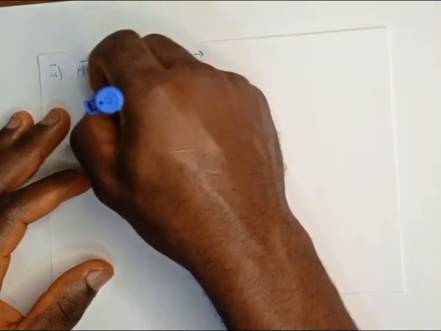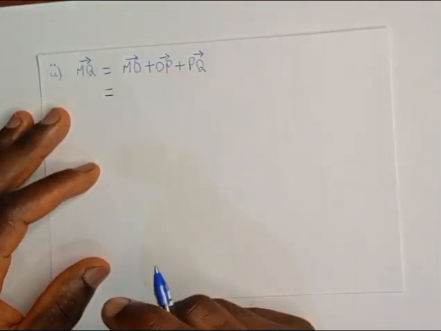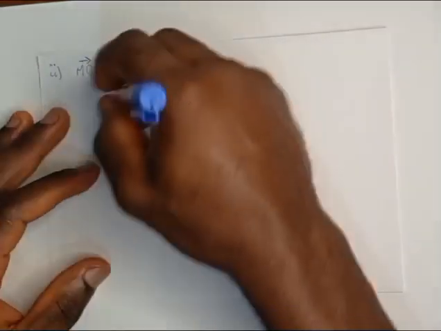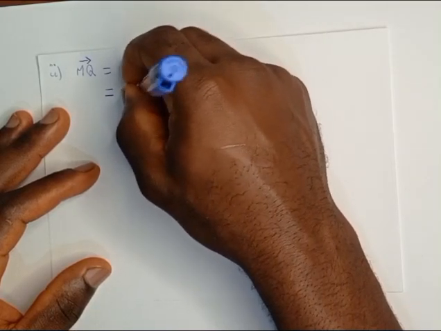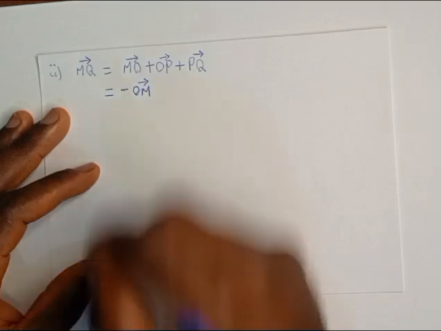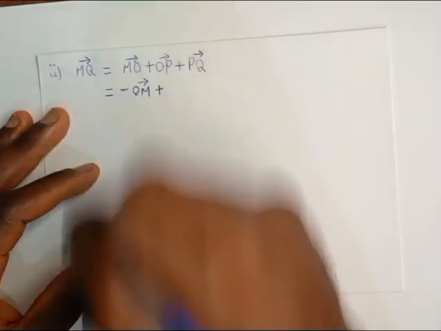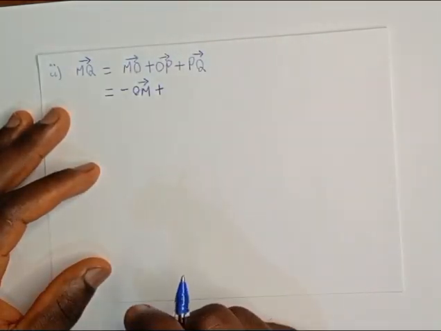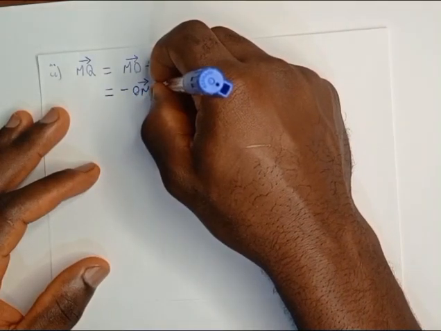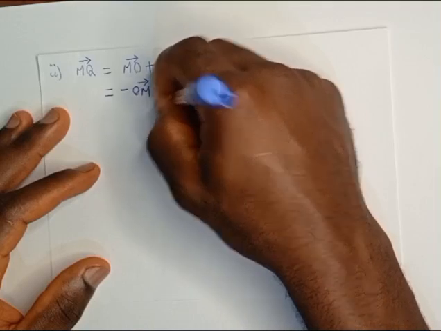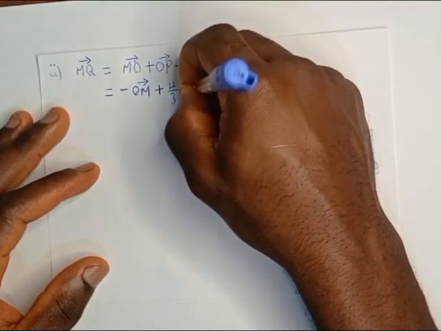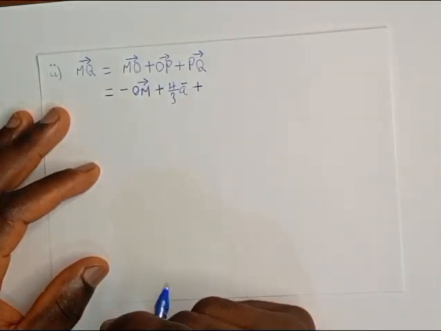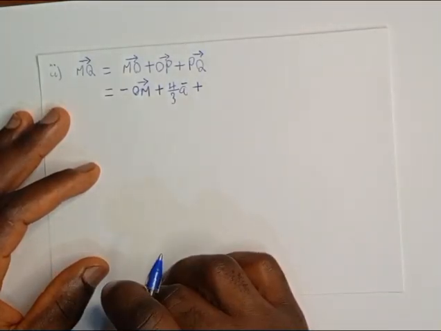And this will simply be equal to MO vector is the same as negative OM vector, since they have opposite directions, plus OP vector, which is the same as 4 on 3 A bar plus PQ vector. We have to express PQ vector.